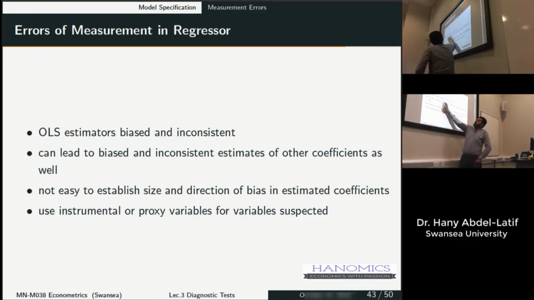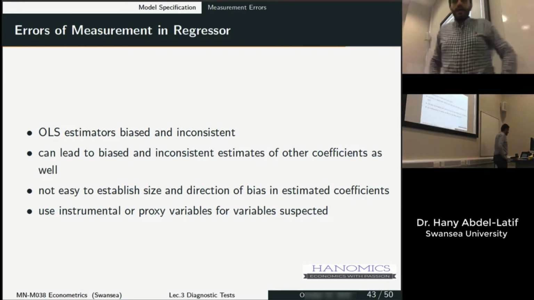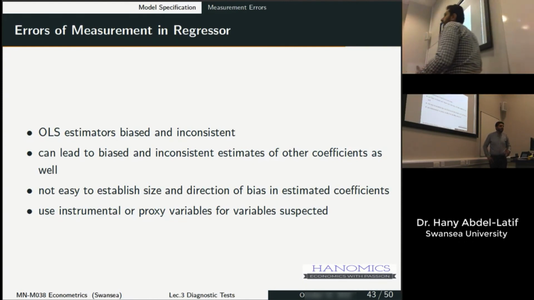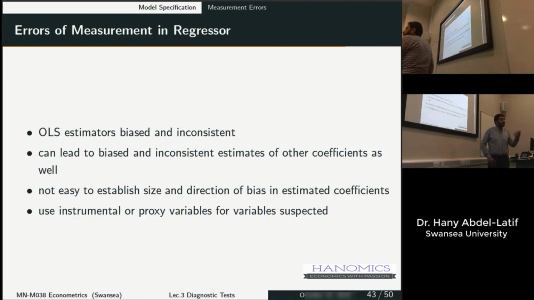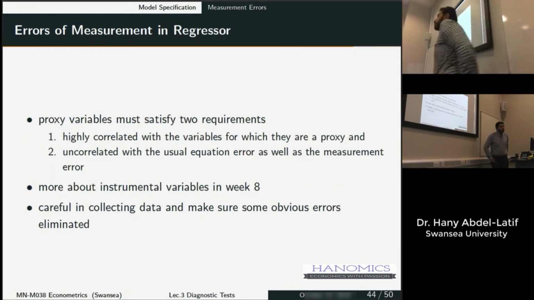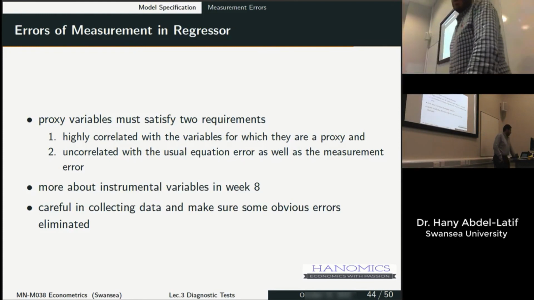Okay, so when you have a measurement error in your regressors, or your independent variables, all these estimators are biased, and that is why it is a more serious problem. In that case, you could use an instrumental variable or a proxy if you have any doubt about one of the variables suffering from measurement error, and this is something we'll talk about later in this module, probably in week 8.